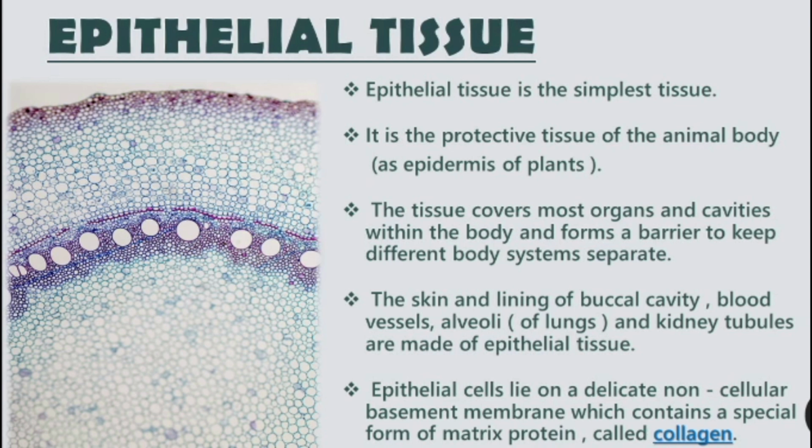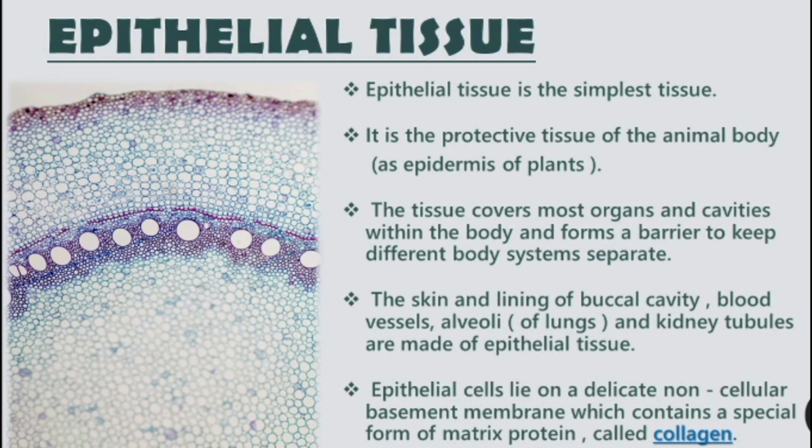So epithelial tissue is a protective layer. The tissue covers most organs and cavities within the body and forms a barrier to help separate different body systems. It is a very important tissue, and it covers all the organs and cavities within the body, separating one organ from another.